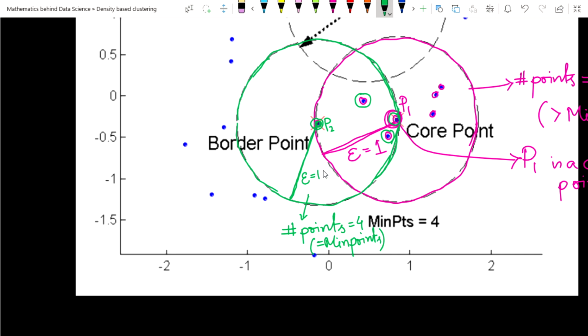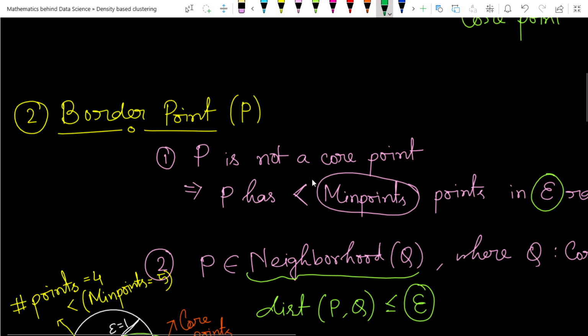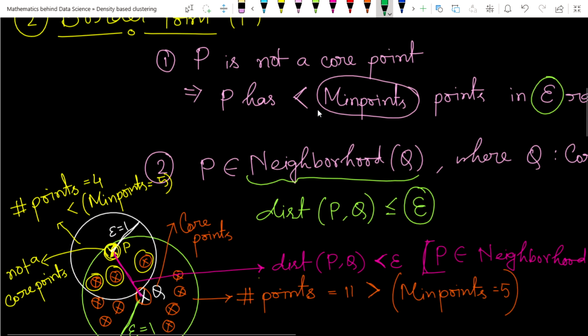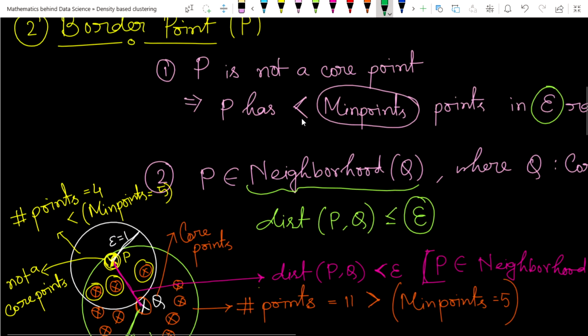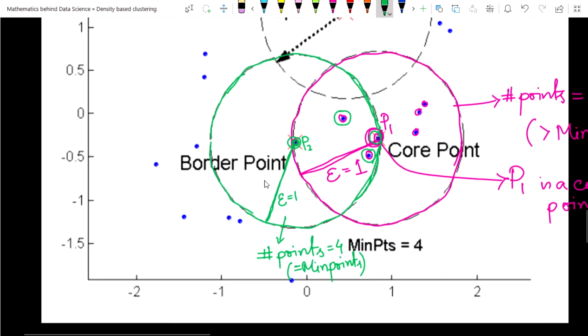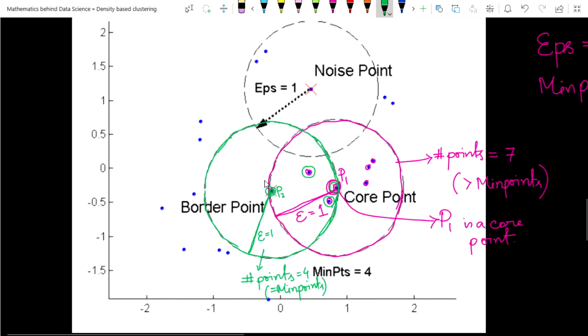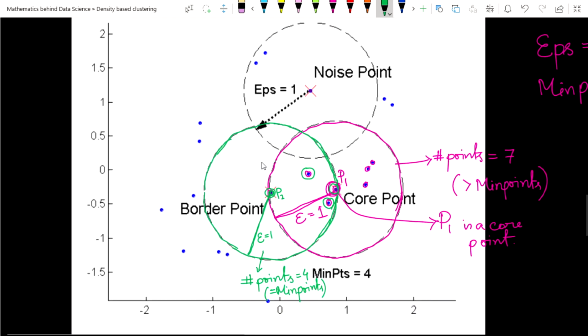Now you can ask, sir, what if we take the greater than or equal to, less than or equal to sign? If P has less than the number of min points, it does not matter. That depends on author to author. I have taken these examples from Google images, and the authors of these examples have included the min points in the border point, less than or equal to.